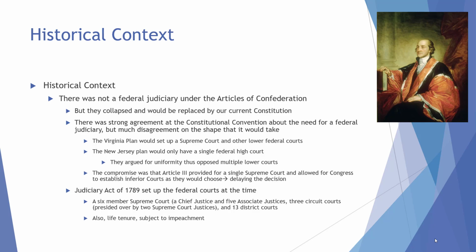So that's why, if you were to look at your little pocket constitution, if you have one, or if you don't, I'm sure you could find one. Or you could always get on your phone and look it up via Google or something, and pull up the Constitution. You would find that Article 1 sets up the legislative branch, Article 2 the executive branch, Article 3 the judicial branch.